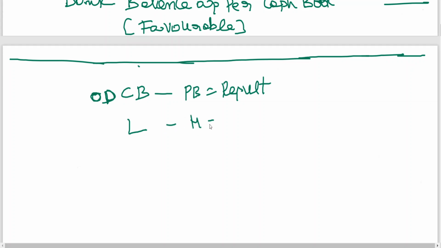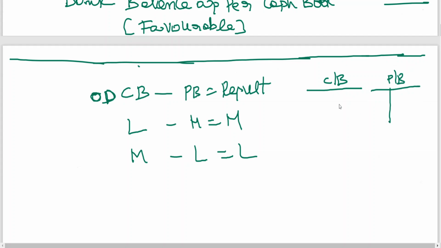Less to more, more. More to less, less. Previously it was favorable balance; to explain overdraft, I am writing like this. Overdraft means cash book credit side is more. Say for example, 10,000 in passbook.